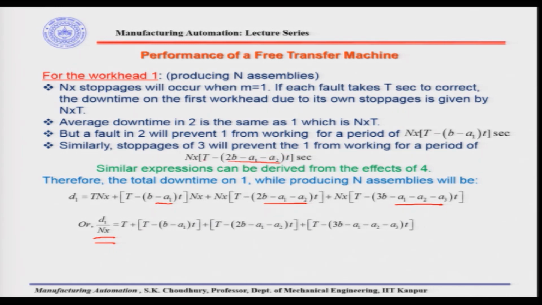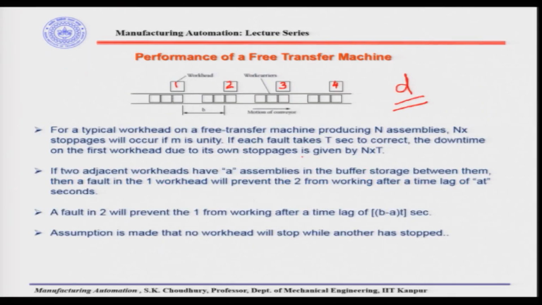Therefore, the stoppage of 3 will prevent 1 from working for a period of nxT minus (2B minus A1 minus A2) times t seconds. So overall, if you have a large number of machines, although it will be difficult, you have to consider the effect of stoppage of all machines on the machine for which you are considering the downtime.